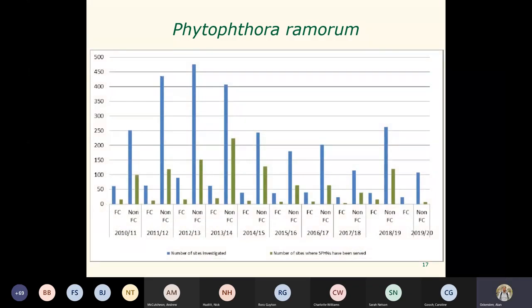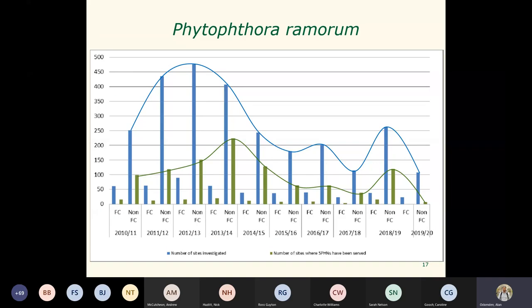So this graph I'm bringing up for you now, I'll pick out a couple of trends within private woodlands that we've inspected over the years. This blue line that's just come up is picking out the sites that we've investigated in private woodlands by season. As you can see, as I was saying, there's that downward trend since about 2012. There's been a couple of blips, but it's been generally downwards. And even this one, although there was more that we looked at, it was at a lower scale, so we're talking single tree infections.